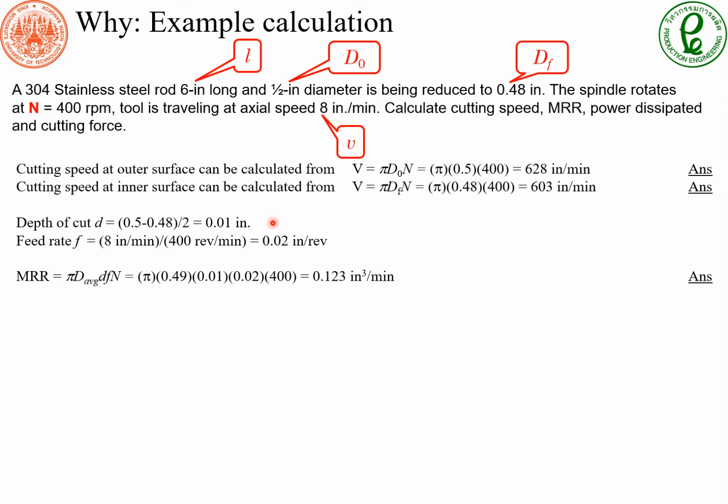If you convert the feed rate from 8 inches per minute divided by the revolutions per minute, we get the feed rate in inches per revolution as 0.02. Again, we can calculate the MRR by multiplying pi times the average diameter by the depth of cut, which is 0.01, and the feed rate of 0.02 inches per revolution, and multiplying by 400 RPM. So we get 0.123 cubic inches per minute.